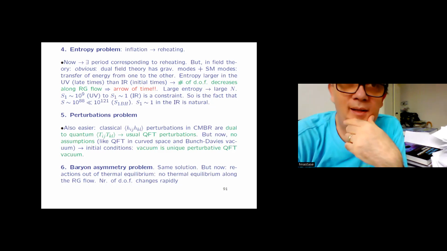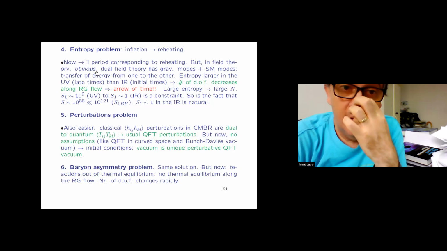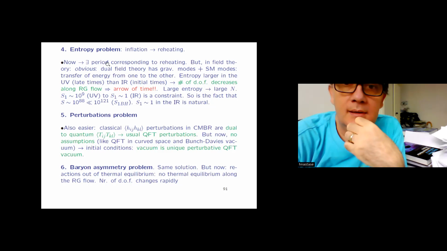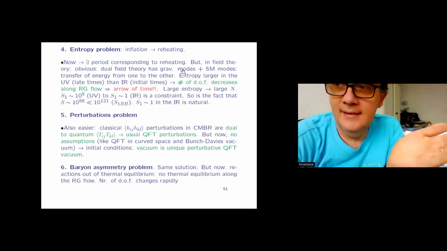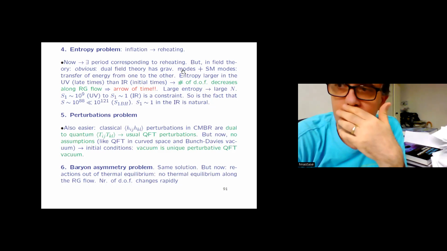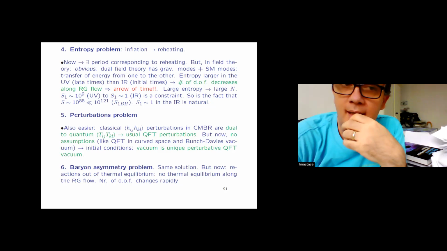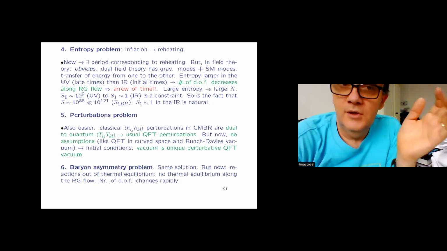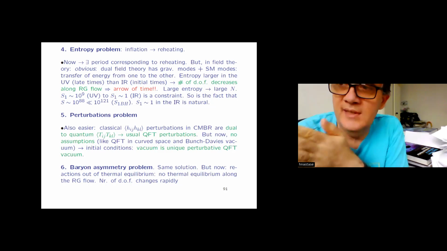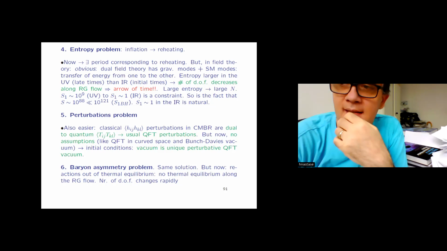But in field theory it's kind of obvious. The dual field theory to the cosmology has what I would call gravitational modes, the things that give rise to gravity in the gravity dual, and what I would call standard model modes, which correspond to standard model particles in cosmology.